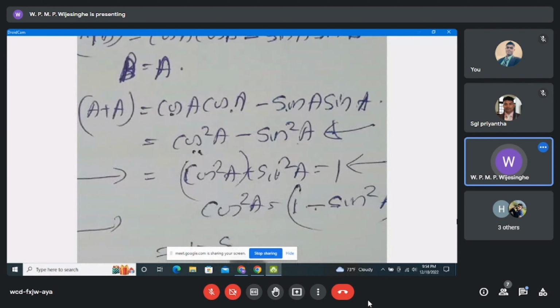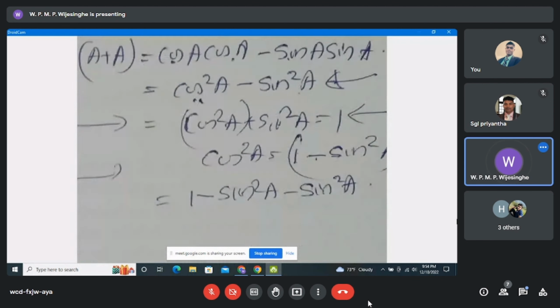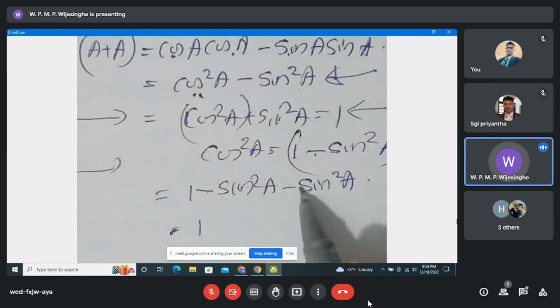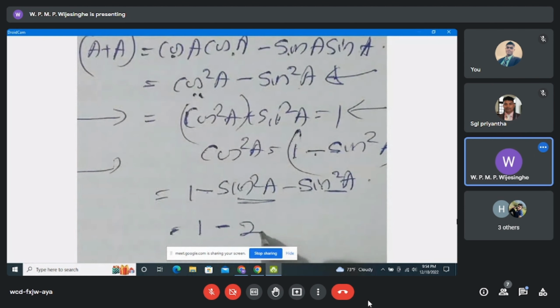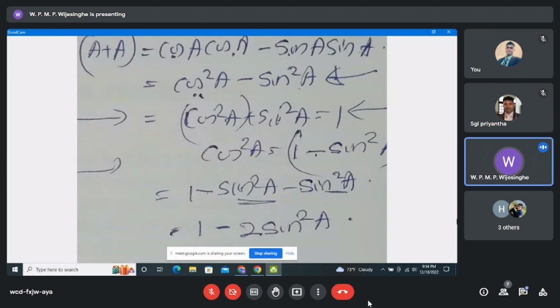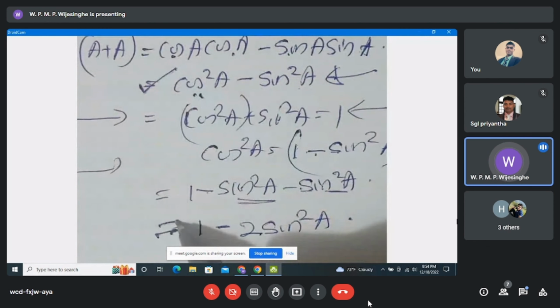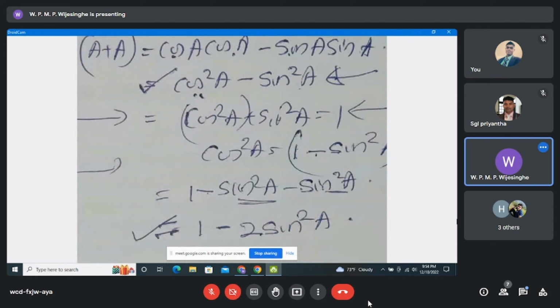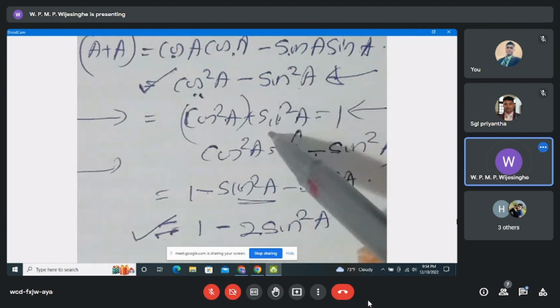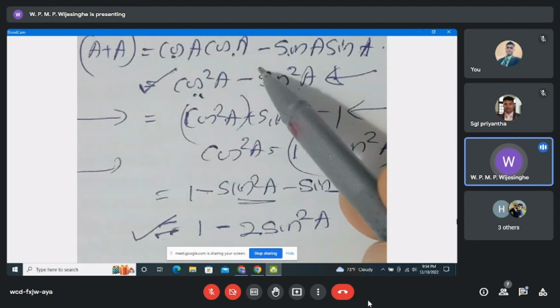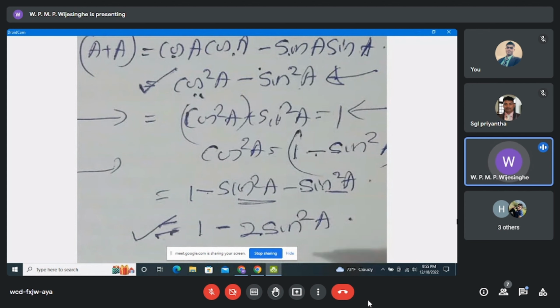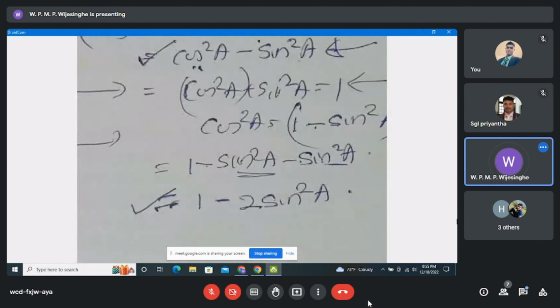Then 1 minus sin square A minus sin square A. It is 1 minus, same terms, 2 sin square A. Right? This is the second one. I can write this by using only the sine angle.